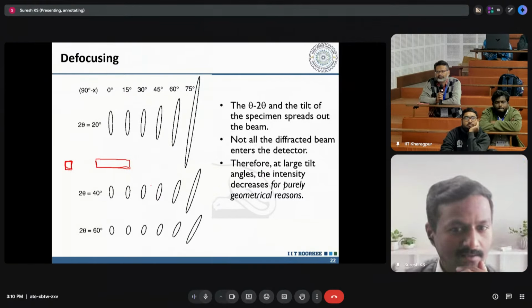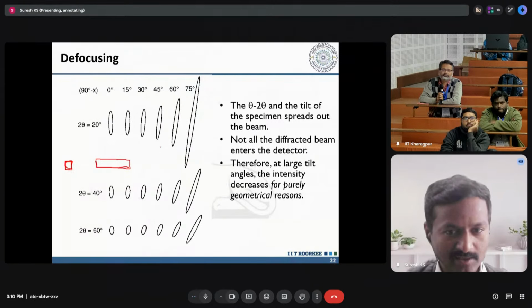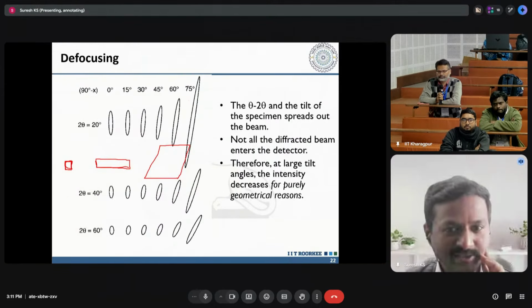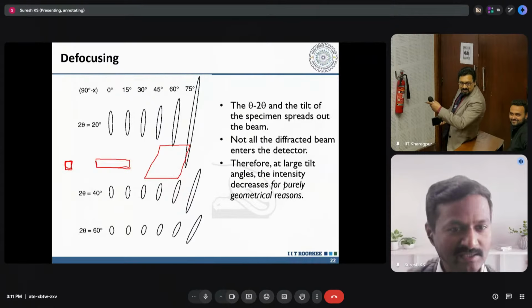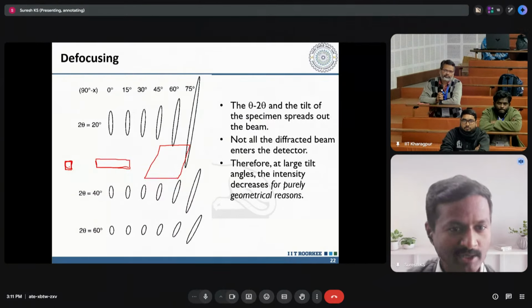At lower incident angle. Now when I am tilting the sample, it changes into a quadrilateral shape. At a theta of 90 degrees, my sample area irradiated by X-ray will be the smallest one, equivalent to the X-ray opening.